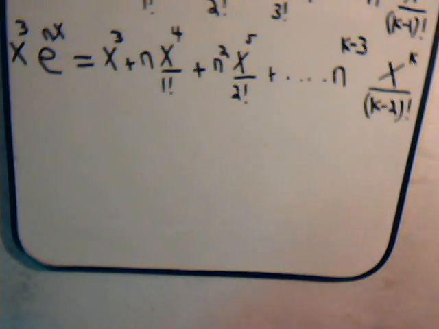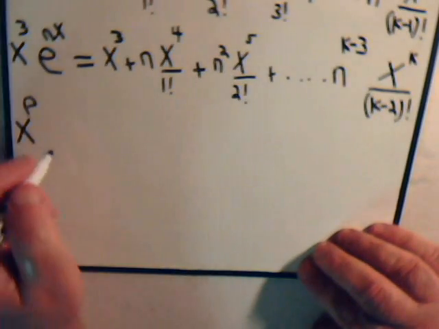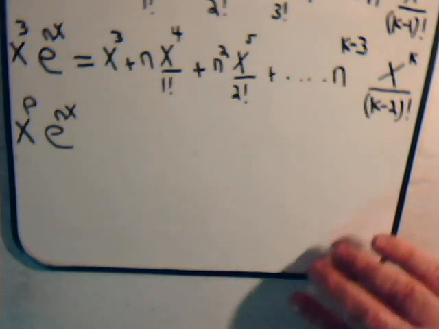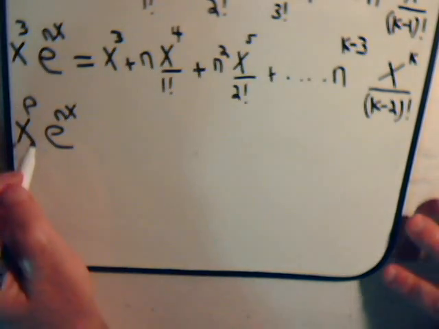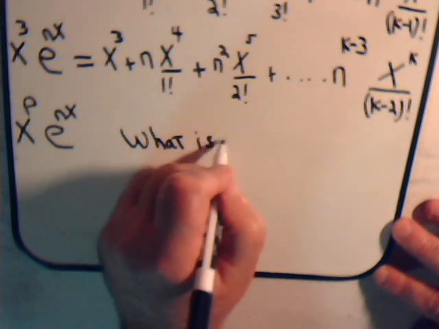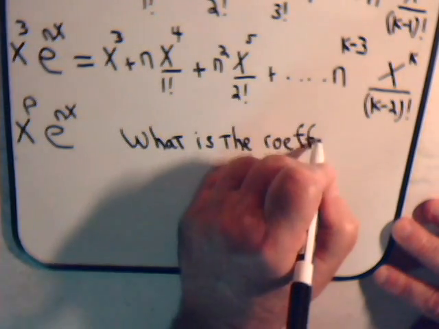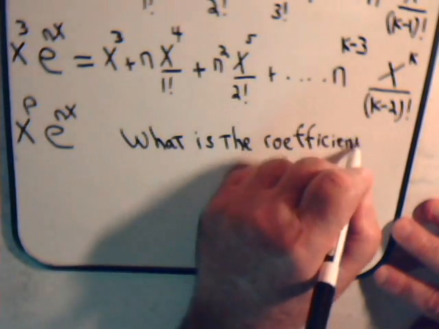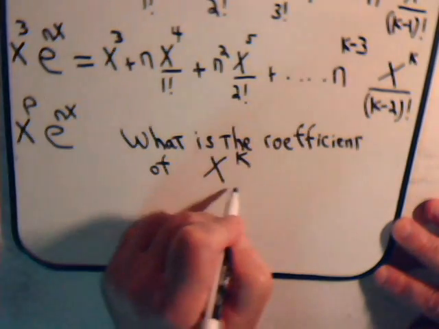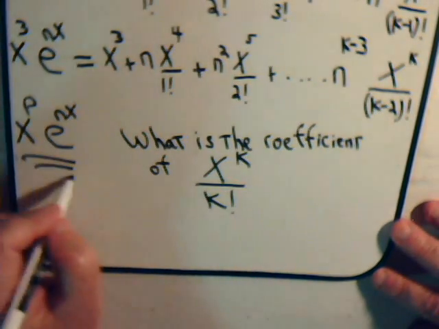if we have this expression, say x to the p times e to the nx, and we want to say, what is the coefficient of x to the k divided by k factorial in this expression here?